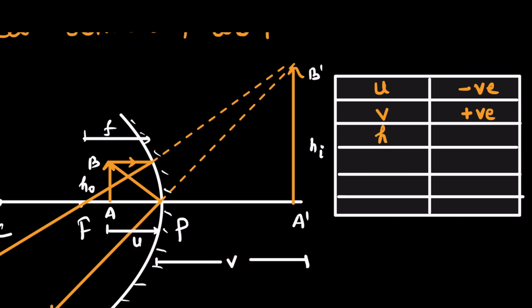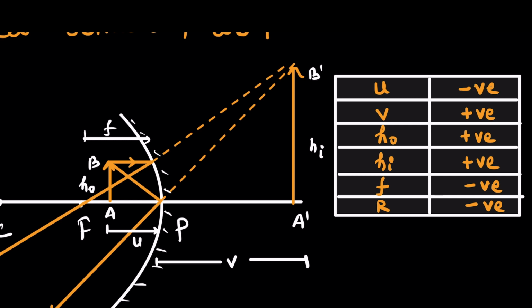Height of object is positive because it is upward direction, and height of image is also positive because it is upward direction. Next, focal length. So focal length is negative because it is on the left side, and R is the radius of curvature, that is also the left side.